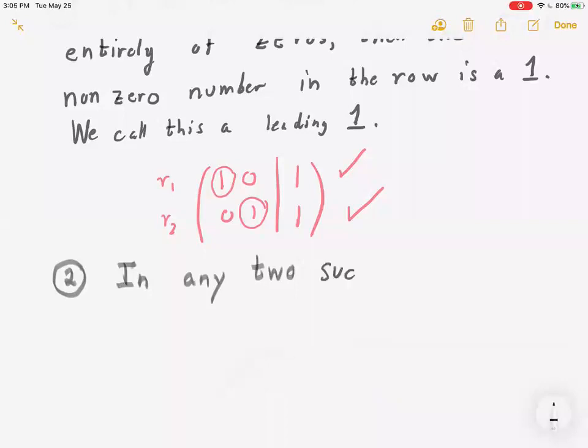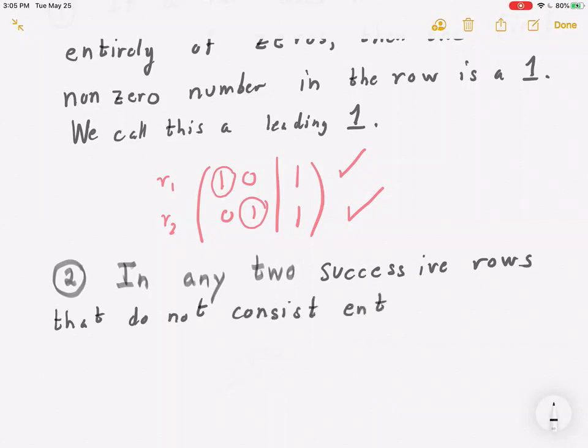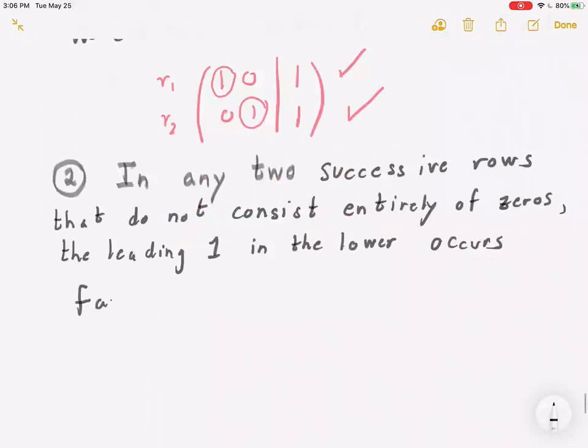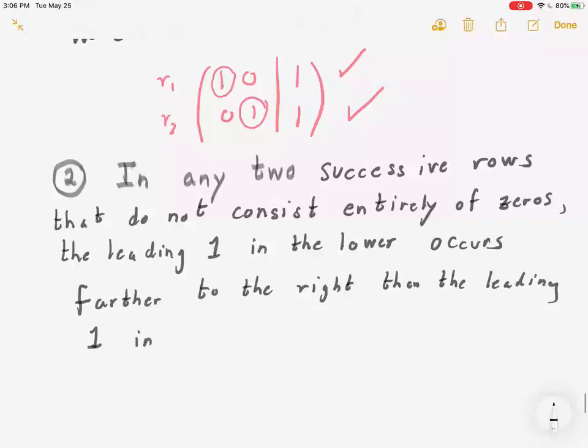In any two successive rows that do not consist entirely of zeros, the leading 1 in the lower row occurs farther to the right than the leading 1 in the higher row.